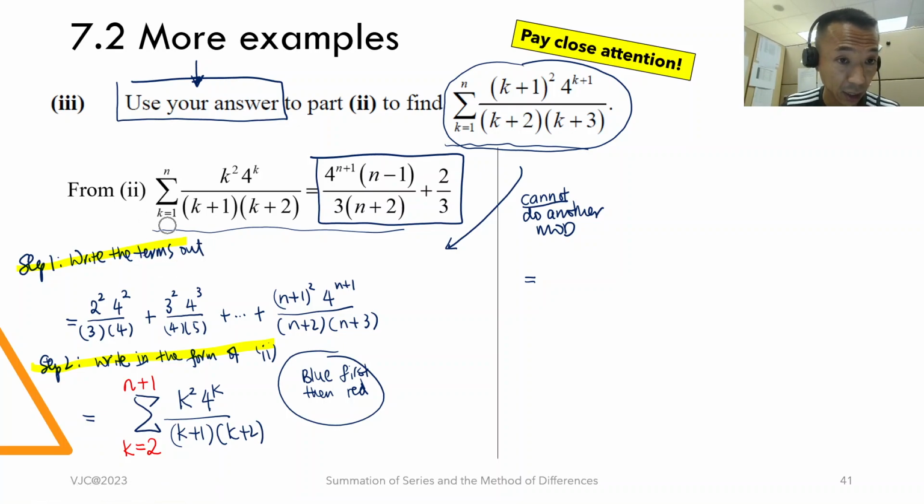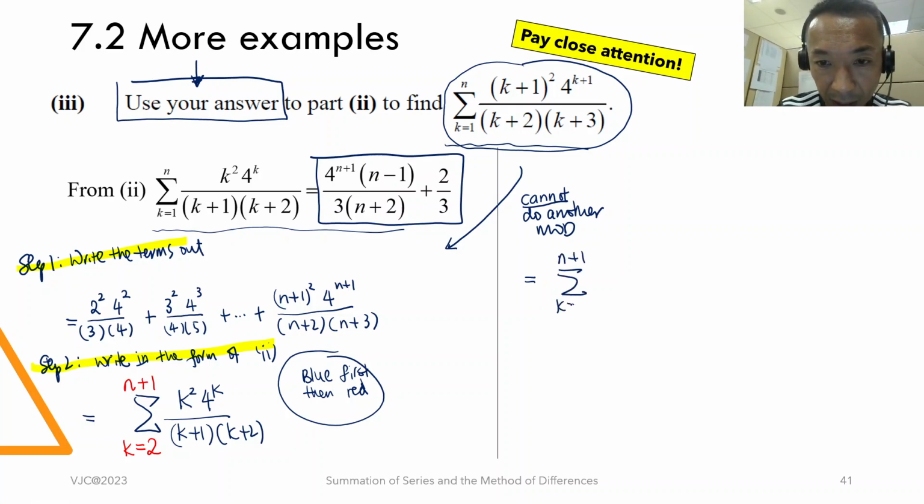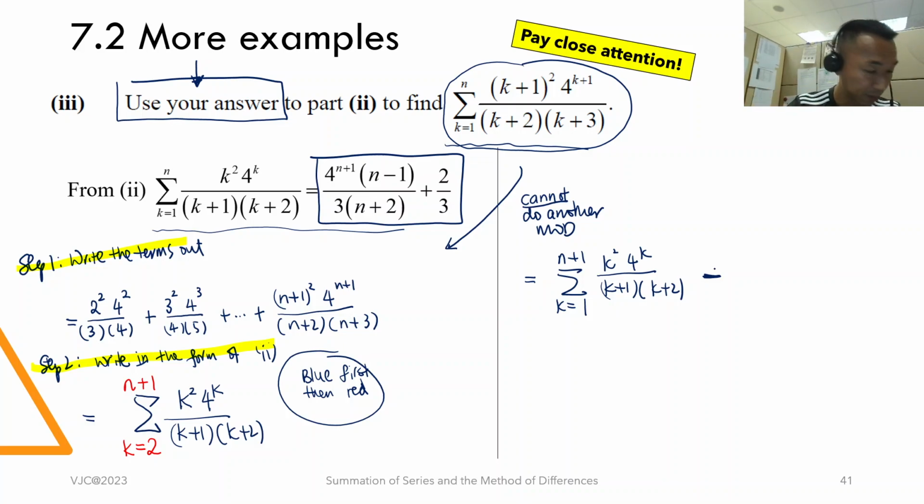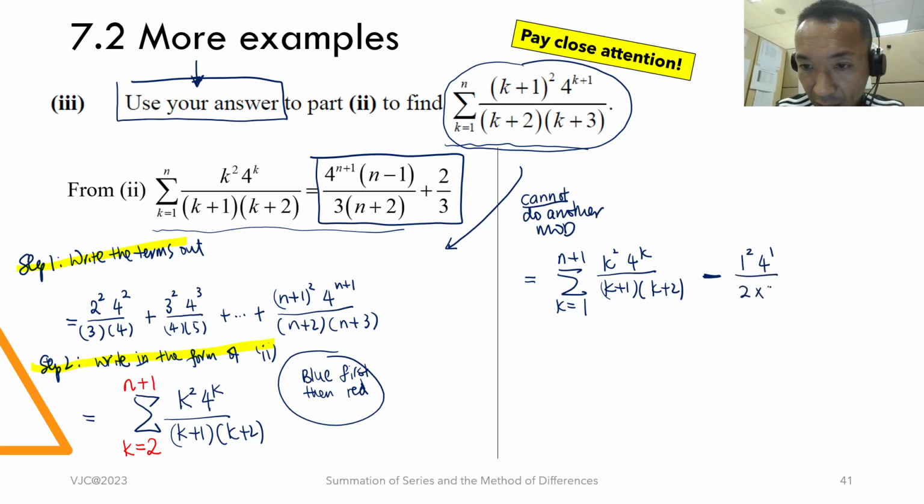Right? Yes? So first I will have to subtract it out like that. k square 4 to the k over k plus 1, k plus 2, minus away the first term, which is 1 square, 4 to the 1 over 2 times 3, which works out to be 2/3.